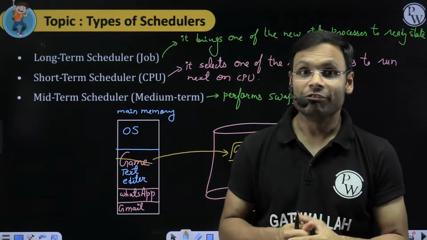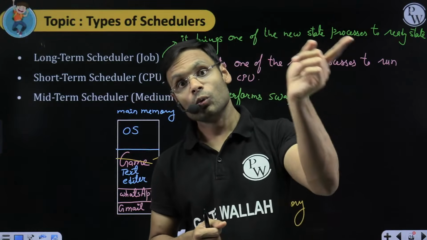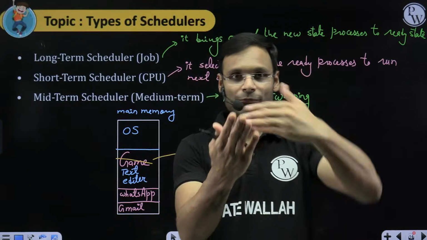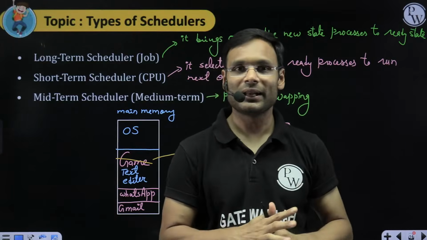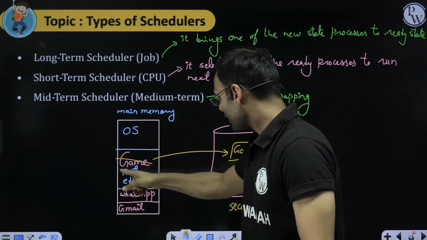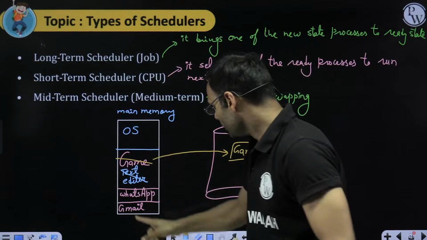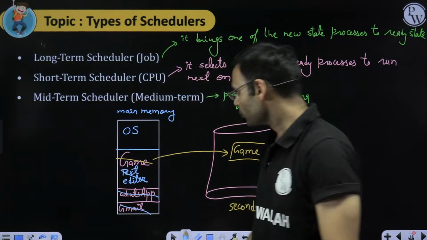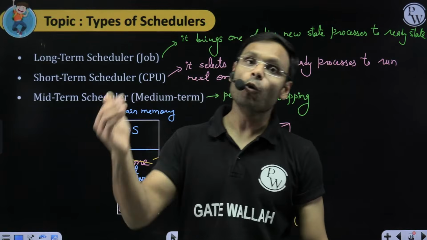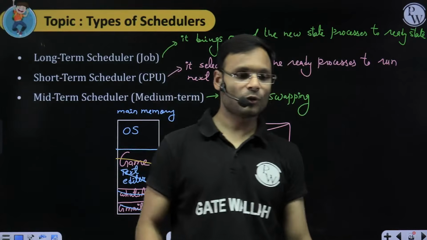Then when you go back to the game, before that you close all the remaining applications. So text editor removed, Gmail removed, WhatsApp removed. Now again when you open the game, what happens?